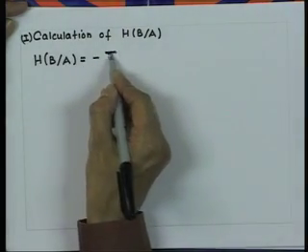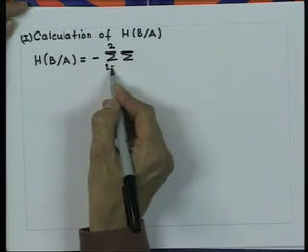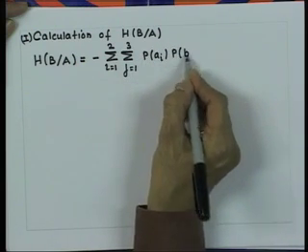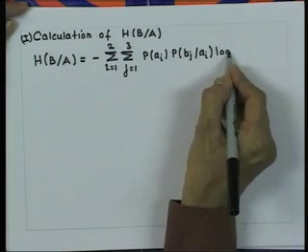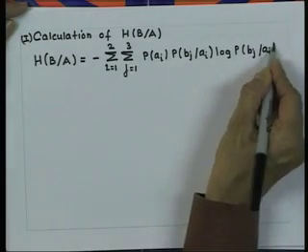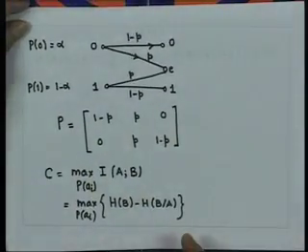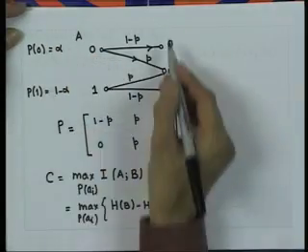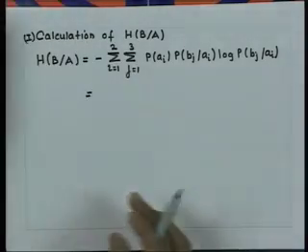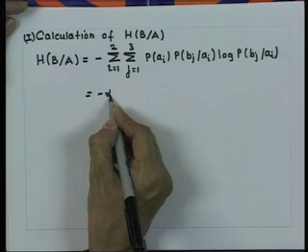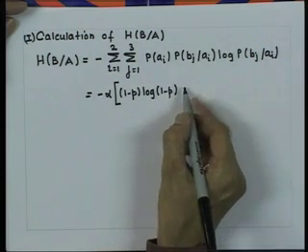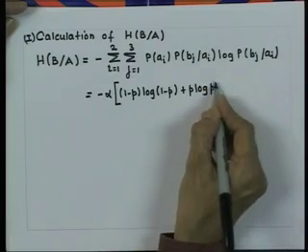Let us look at the calculation for H(B given A). This is equal to minus double summation of probability of A_i, probability of B_j given A_i, log of probability of B_j given A_i. From this channel matrix, and with this probability model for the input alphabet A, we get H(B given A) equal to minus alpha times [1 minus P log 1 minus P plus P log P].